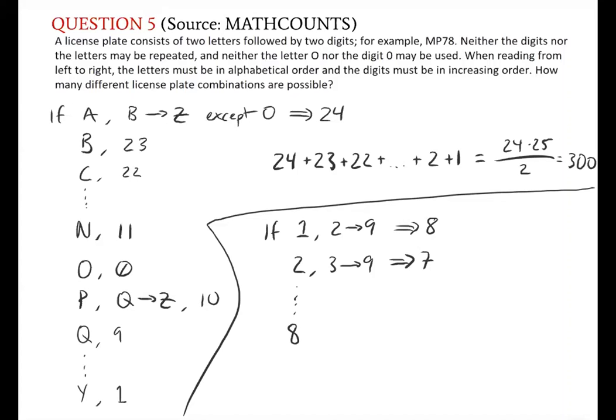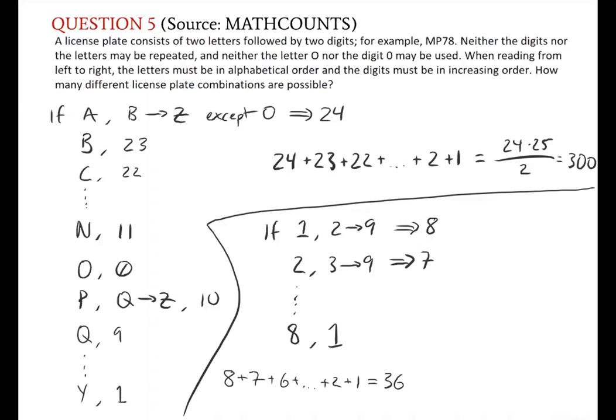And finally, if your first number is 8, then you only have one possibility, since the only number after 8 is 9. So that means that the total number of possibilities for the numbers is just 8 plus 7 plus 6 all the way to 1. And when you add those all up, you'll get 36.